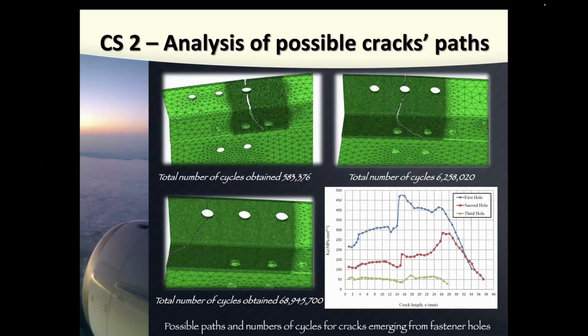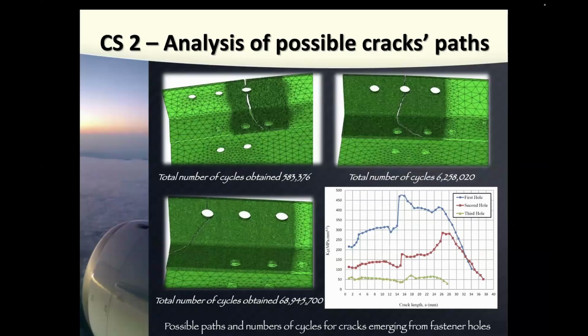And finally, because we saw that usually these cracks appear on these holes for fasteners or rivets, I did calculations in order to analyze what the possible crack path is if the crack appears not on the spot that we saw in the experiment, but on these 3 holes. You can see here almost 600,000, here 6.2 million, here 69 million cycles, if the crack appears on this hole.